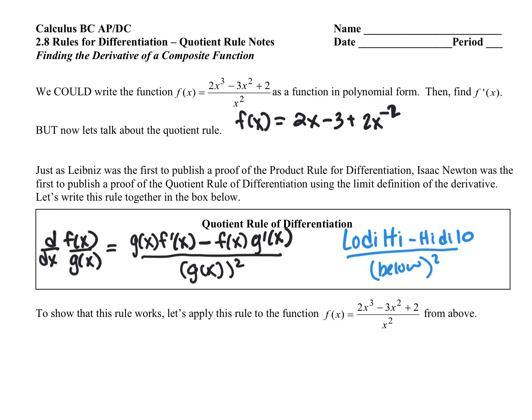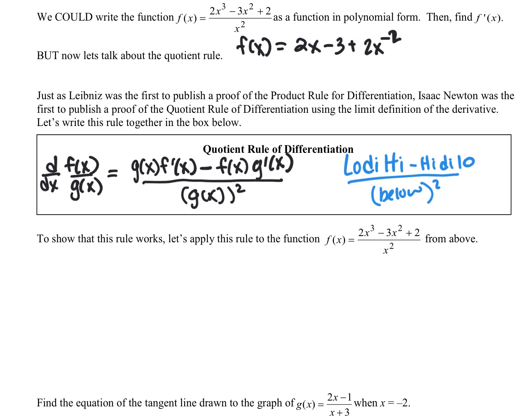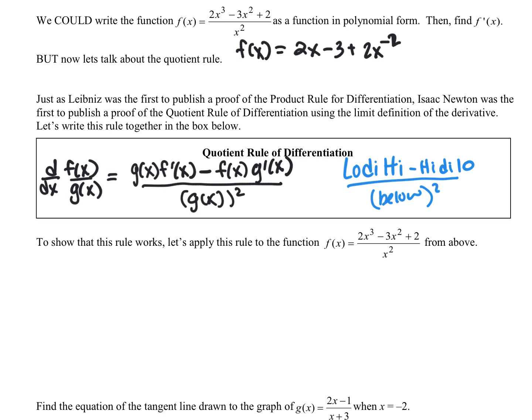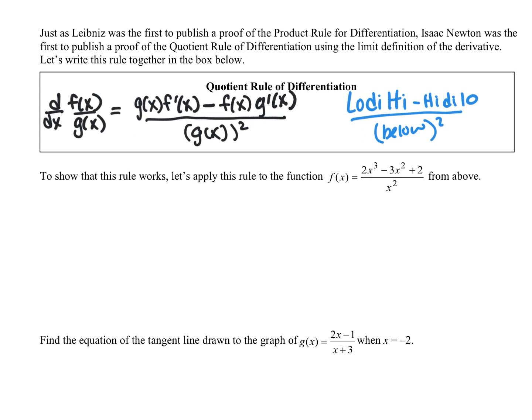So let's go ahead and use this quotient rule to find the derivative of that function that we talked about earlier. Yes, you could find it without the quotient rule, but we're going to just use that to help us understand it. So if I want to find f prime of x, I'm going to start with the low, the bottom function. D high, derivative of the top function.